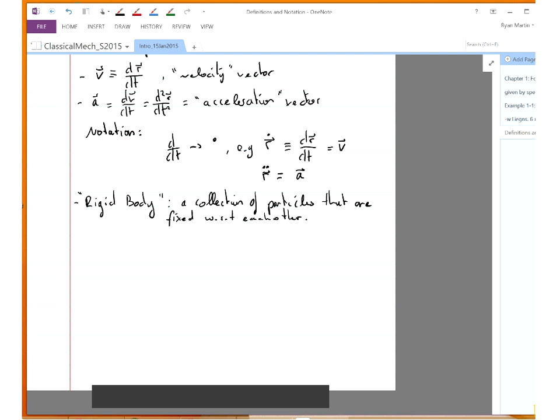So a rigid body requires 6 numbers to describe it. A particle, right, requires 3 numbers to describe it, x, y, and z. So a rigid body can be described by the x, y, and z of the center of mass plus 3 rotation angles.